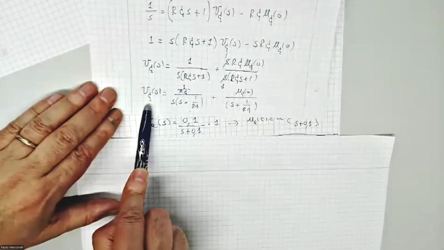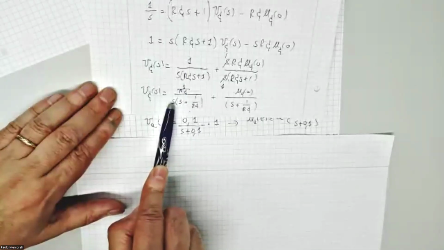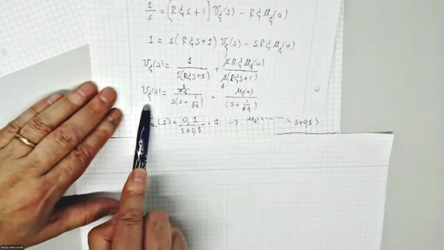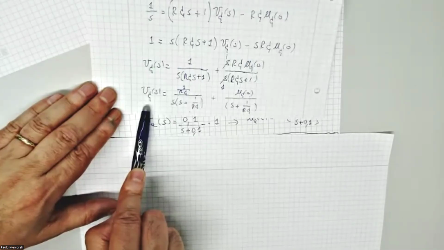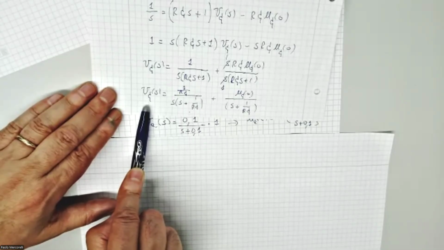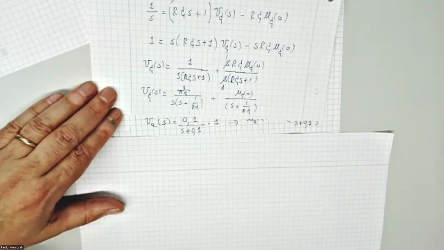If I have a ramp in input, I have here 1 divided by S squared. But the transfer function is the ratio between the output and the input. This means I divide this case by 1 divided by S squared. It does not depend on the input. I don't know if this is clear. It can be calculated for each input.